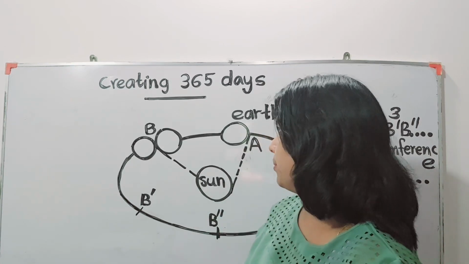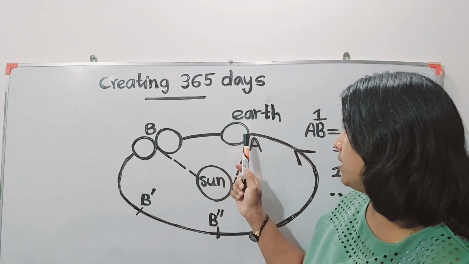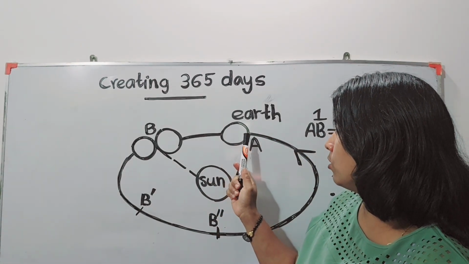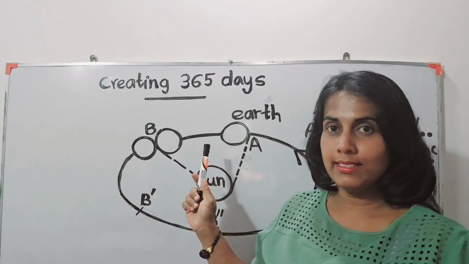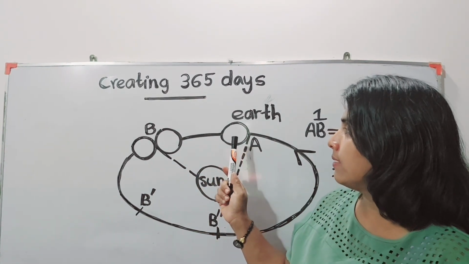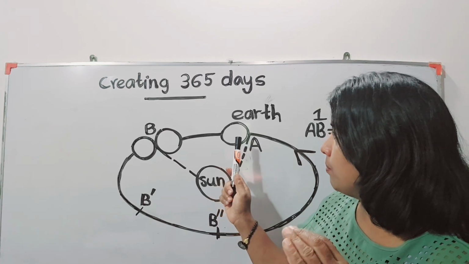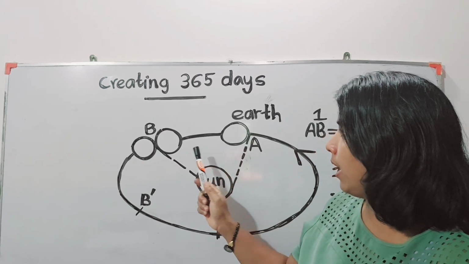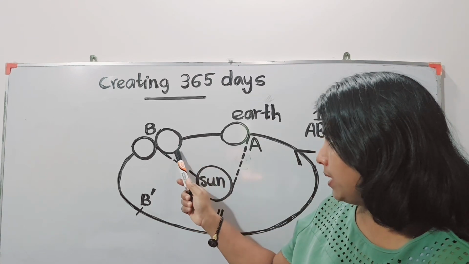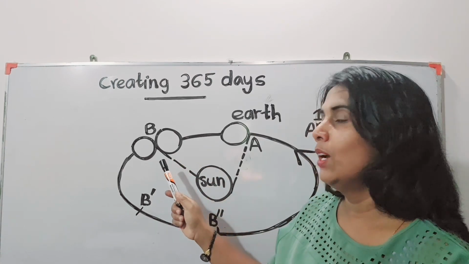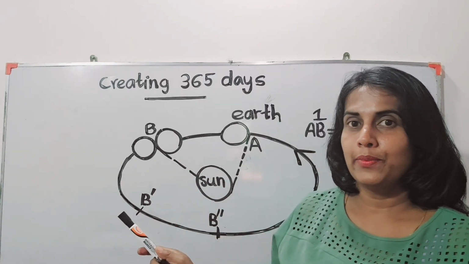On the first day the Earth's movement starts here, and the sun rises, and when it completes one day, the first day is completed, and on the second day the sun also rises.